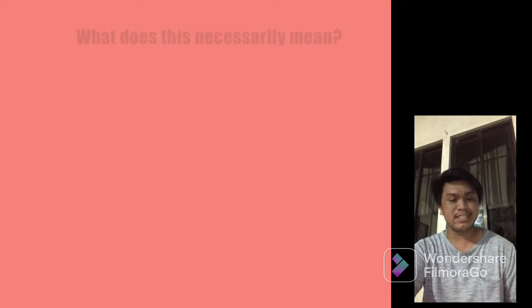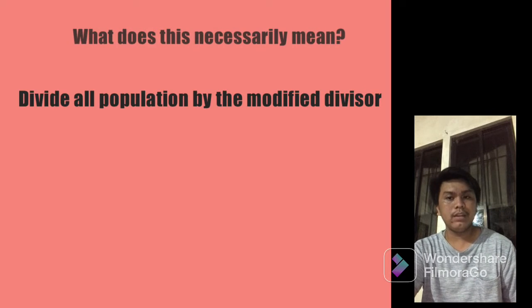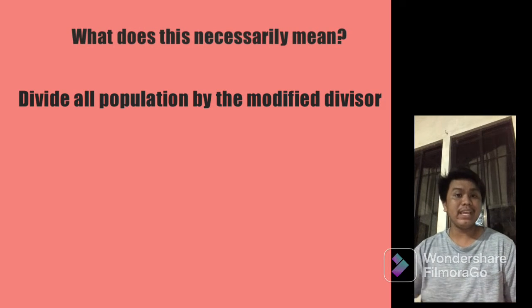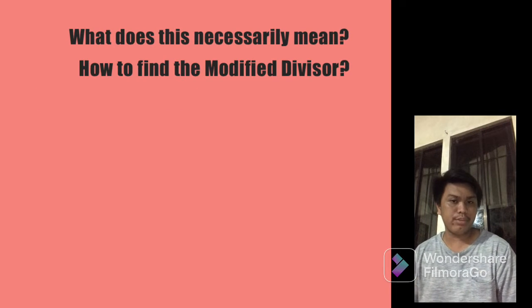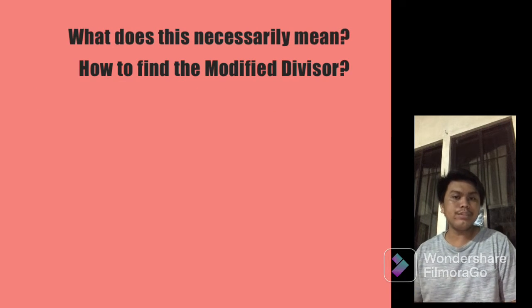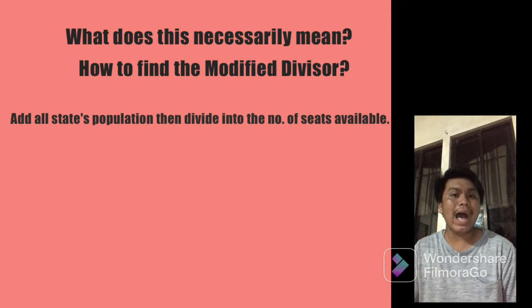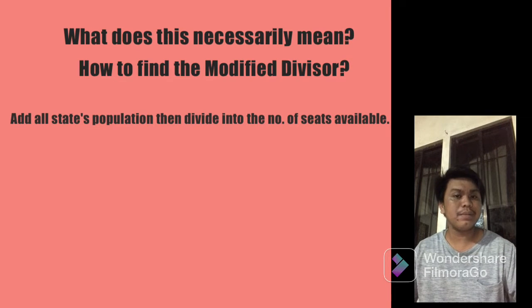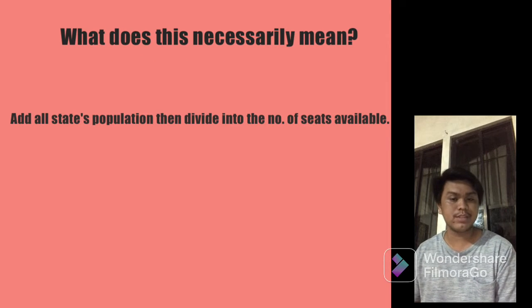So what does this necessarily mean? First, you are just going to divide all population by the modified divisor. So how can you do that? In order to find the modified divisor, you first add all the population and then divide it by the total number of seats available in the House of Representatives.